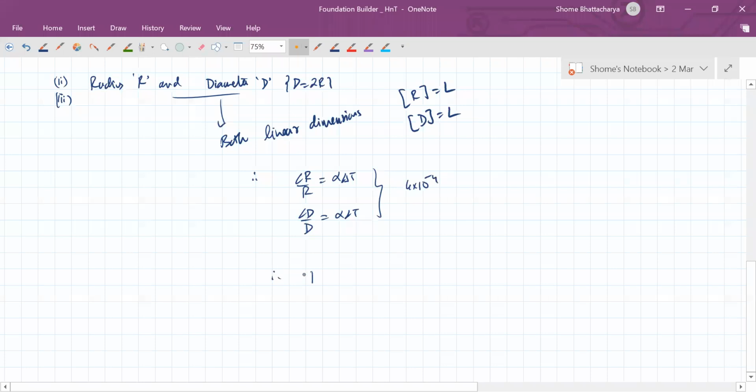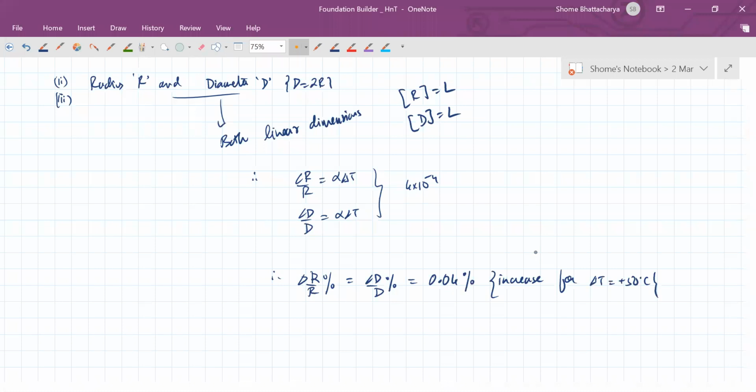So therefore, delta R by R percentage change is equal to delta D by D percentage change is equal to 0.04% increase for a temperature change of plus 50 degrees C. There's a 0.04% increase in radius or in diameter or any linear dimension for that metal.